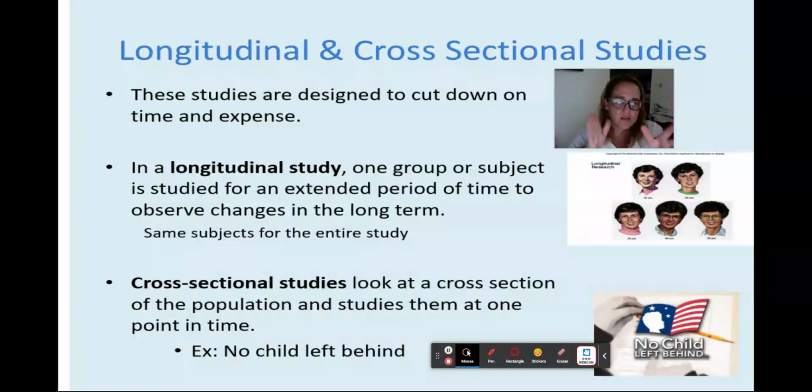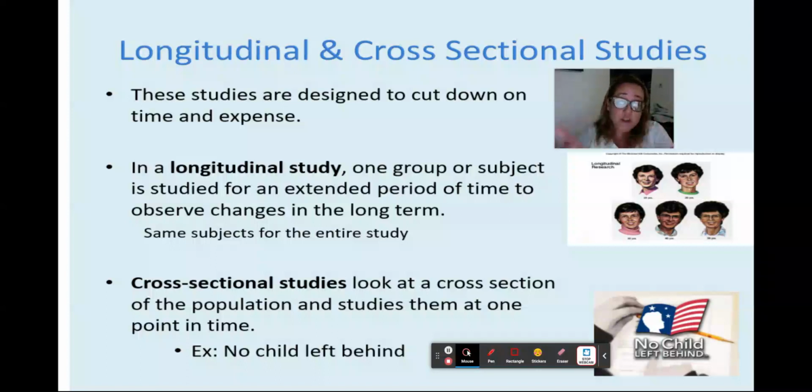So let's say it's the same study of how does Ritalin affect a child's success in the future. What they will do is they'll get children in elementary, middle school, high school, college, and others that have their career. They'll get people from different age groups, and then they will study them all at the same time and come up with the conclusion.